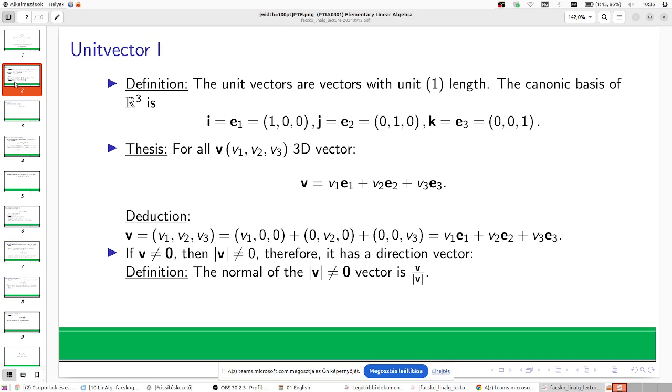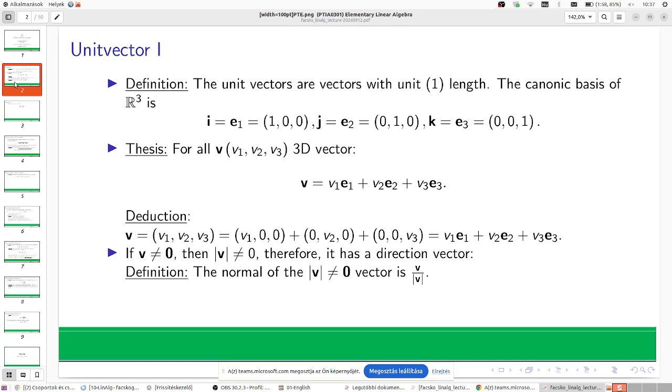This is the V3 component, this is perpendicular, this is the V1 component, and also perpendicular. So these are the components.